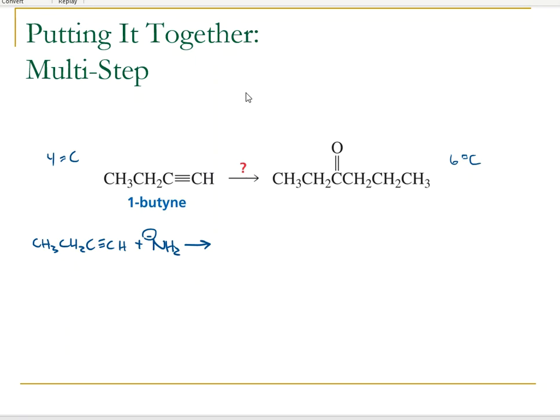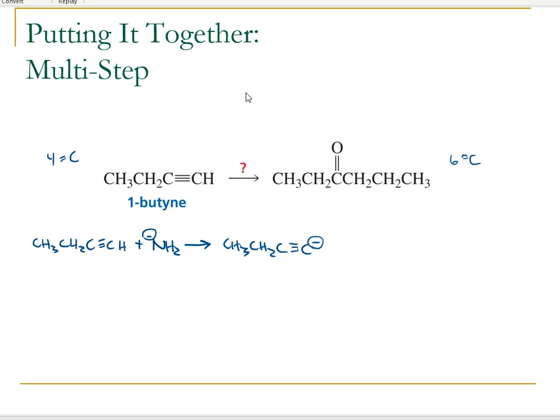That's the purpose of adding the base, because this is going to act as an acid. So what I end up with is a CH3, CH2, carbon, triple bond, carbon that carries a negative charge. Now, I'm not going to write the byproducts. That has nothing to do with me anymore. I'm focused solely on the organic pieces, and that is it. So that did make NH3, and poof, away it goes.